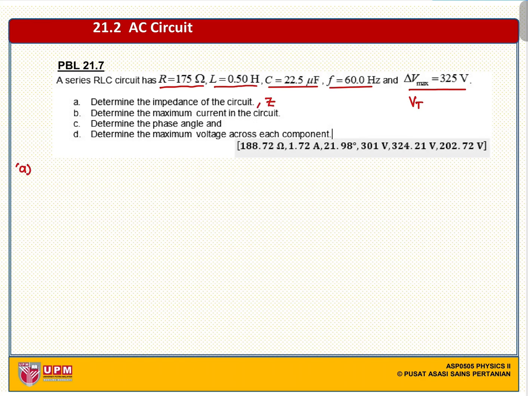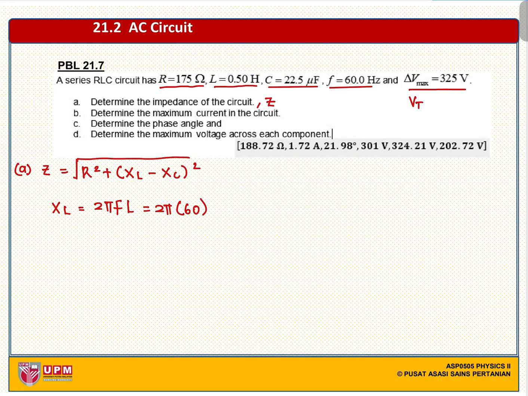So for A, to find Z, you need R squared plus (XL minus XC) squared, and take the square root. Okay. Now your R is fine, no problem. R is given as 175. But you need to find XL, which is equal to 2 pi F L, equal to 2 pi, your F is 60, your L is 0.5.